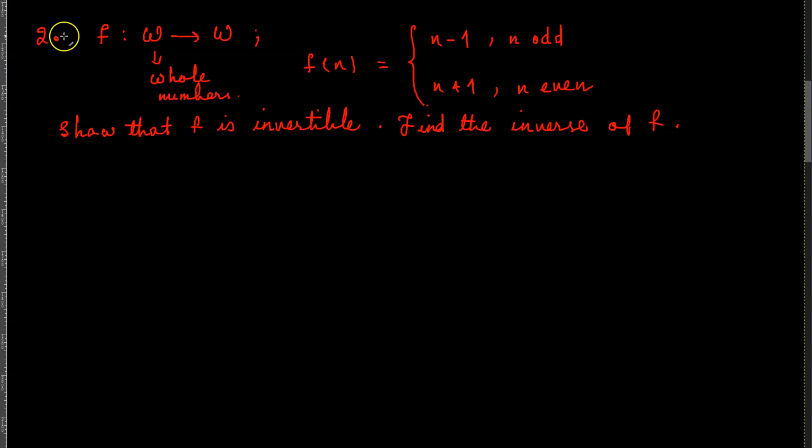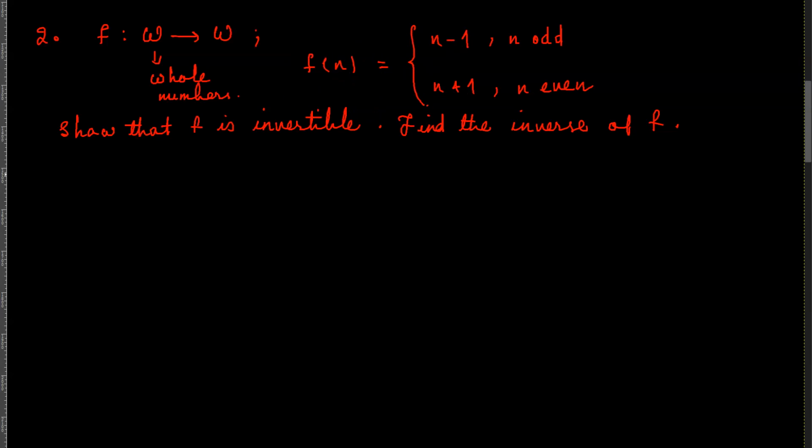Okay, so now this example is a little bit technical, meaning that you get different cases, and the reason is that you have a function that has two clauses. For the sake of simplicity, I'm going to change these to x, because I get confused when I'm dealing with n and so on.